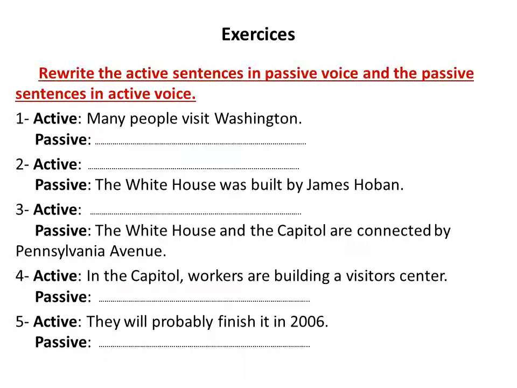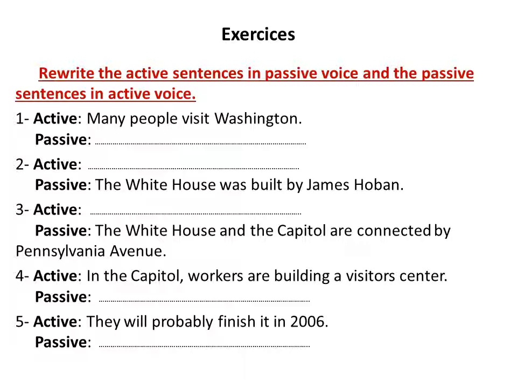Number 2. Here is a passive sentence. We should make it active. The White House was built by James Hoppen. James Hoppen built the White House.